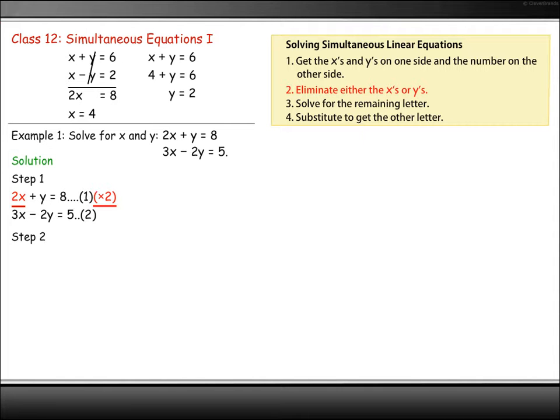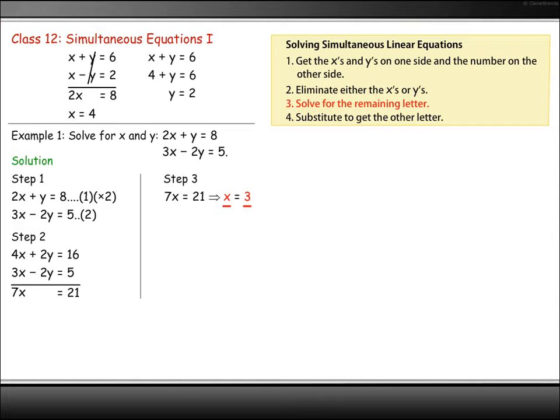Equation 1 becomes 4x plus 2y equals 16. Add the equations to give 7x equals 21. Step 3. Solve for x to get x is equal to 3. Step 4.